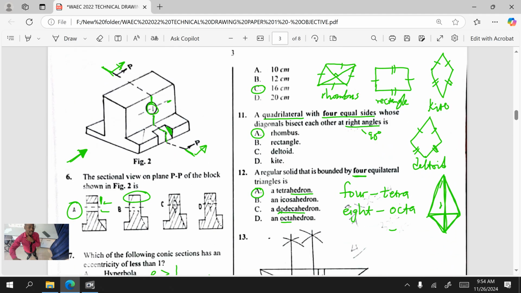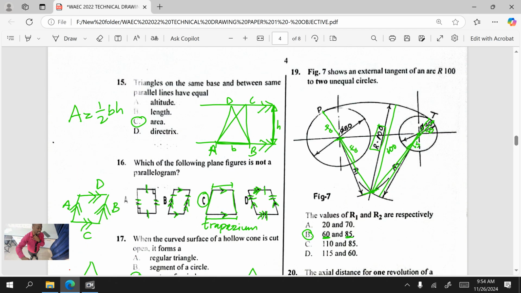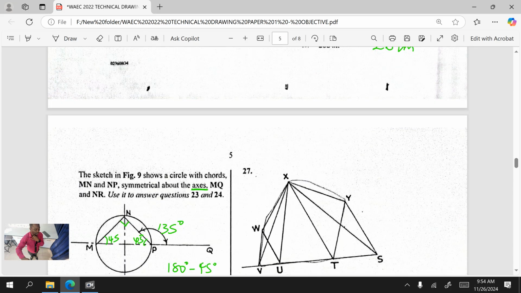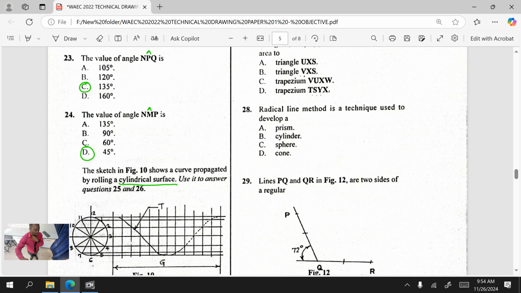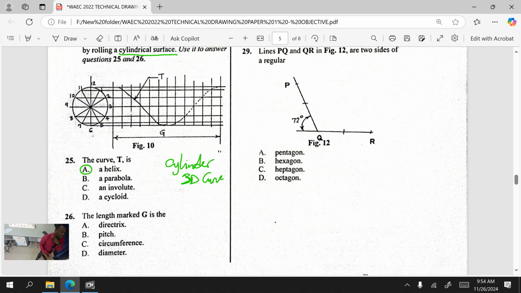They asked this question twice in different ways. So that's what I'm talking about. When you understand this, you shouldn't have any problem. So when they are talking about a cylindrical surface, a three-dimensional surface, a curve moving around it is going to form a 3D curve, and that's going to be an ellipse.